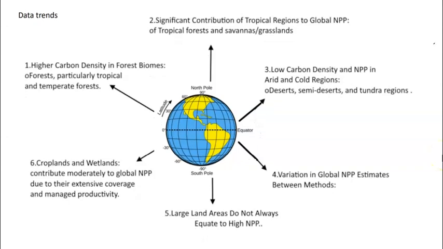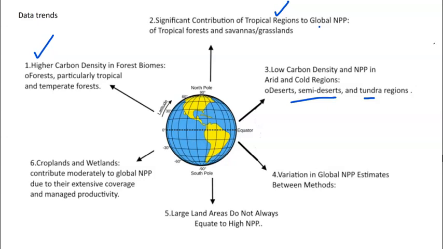Significant are things like the high carbon density in forest biomes and the significant contribution of the tropical regions, which was largely associated with the high intensity of light in these particular regions. Cold regions and deserts, the tundra regions, have low carbon density and low primary productivity.